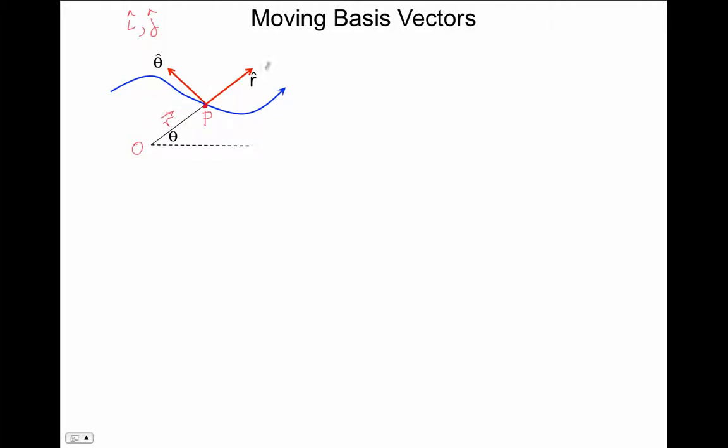The direction of R is given by the unit vector R hat, and there is a vector also of unit length that is perpendicular to that. So this over here is 90 degrees, and as the point P moves, the unit vector R and the unit vector theta will both move.